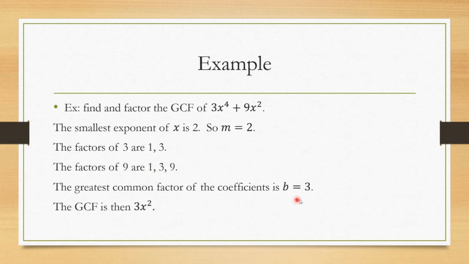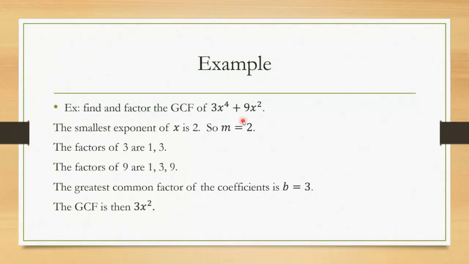That's what b is. And not only that, since m is 2, we have the GCF. It's just 3x squared. Okay? So that's our GCF for this thing.